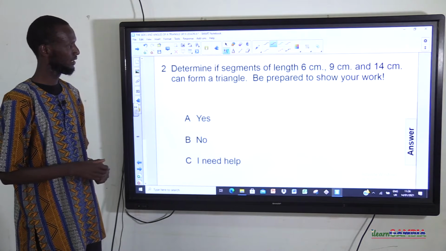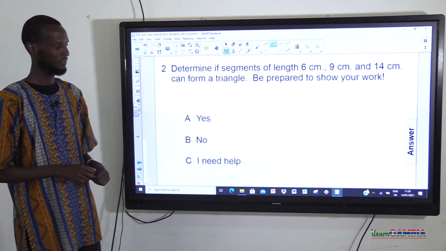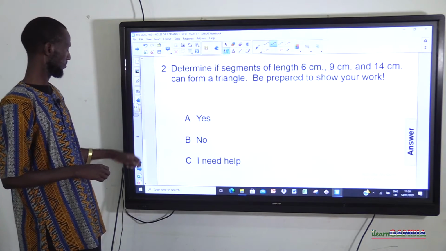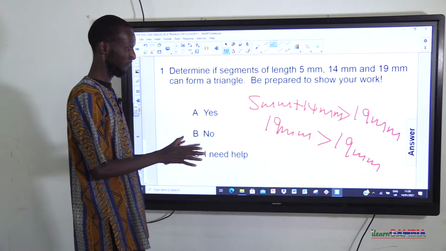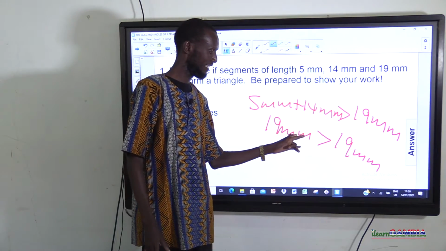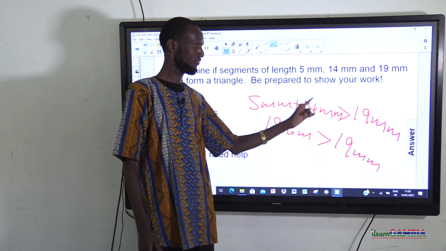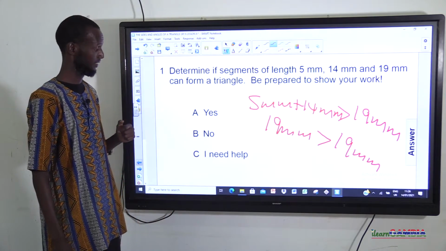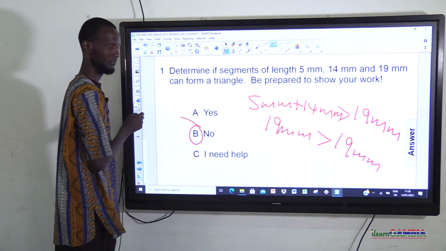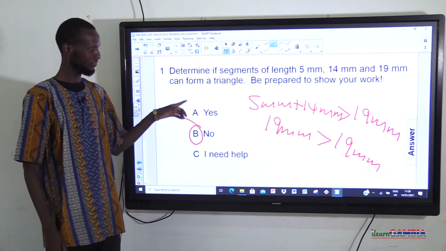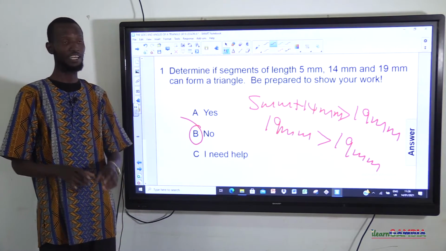Again, let's go through the same process. Because 19 is not greater than 19, you can conclude that this doesn't form a triangle. So what's the answer? No. The answer is no, that these three lengths cannot form a triangle.